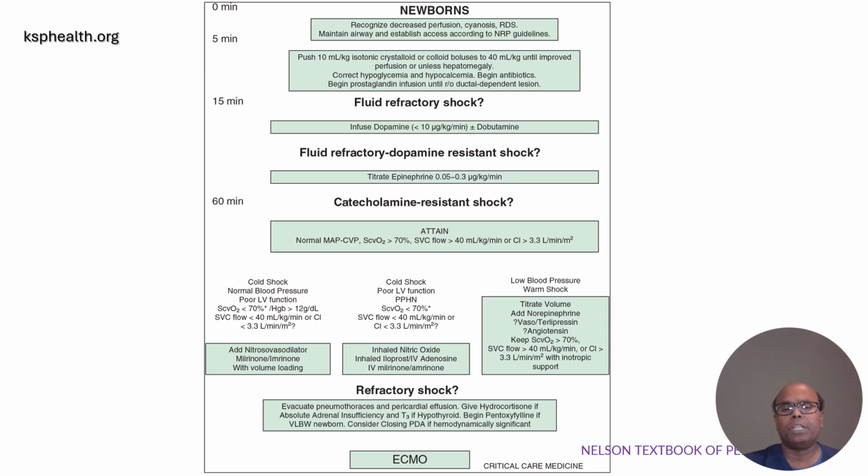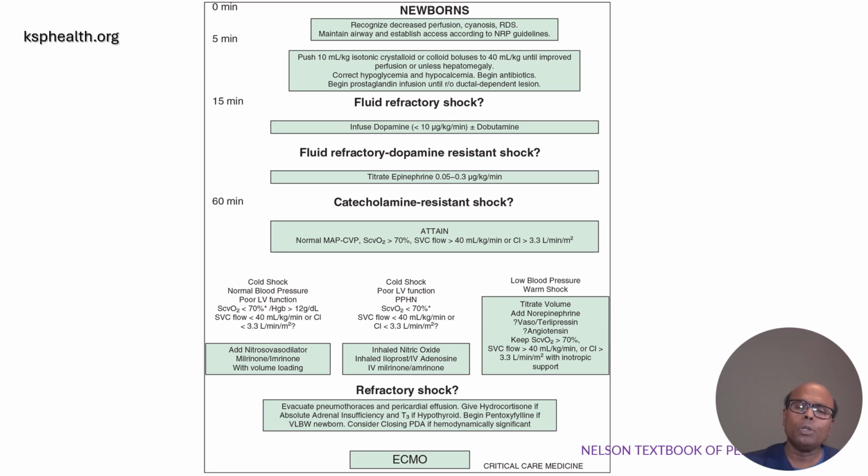If the shock persists in spite of all these maneuvers, then you group them into 3. One, low blood pressure, warm shock, meaning the capillary refill is good. In those patients, one should add norepinephrine or vasopressin and monitor the venous oxygen saturation, which needs to be kept more than 70%.